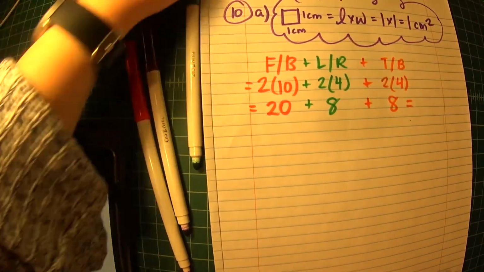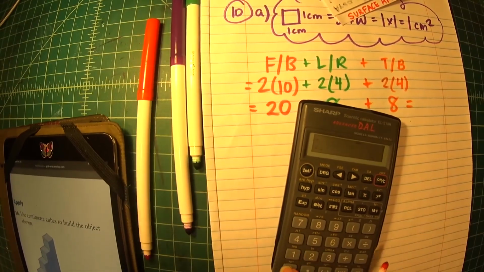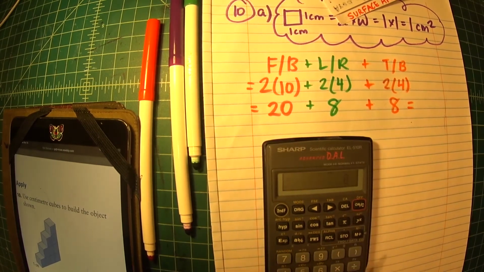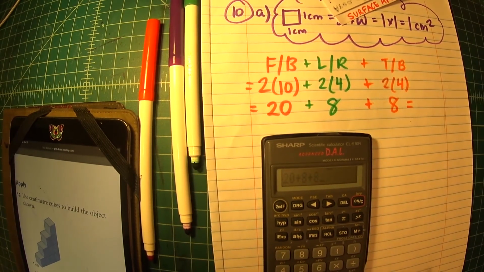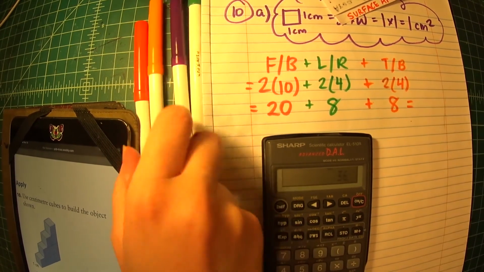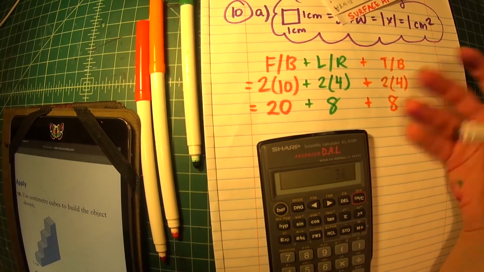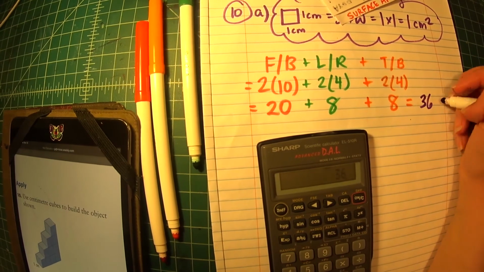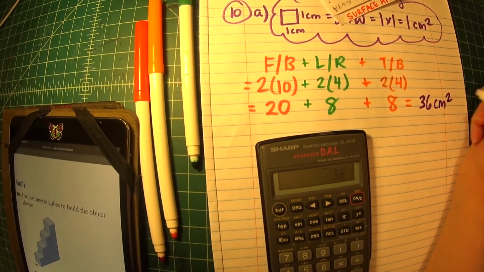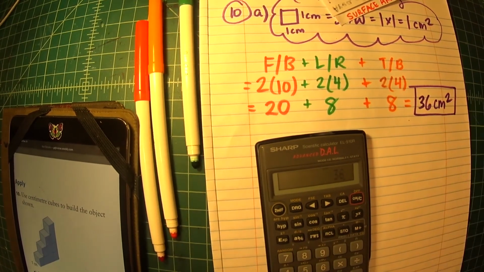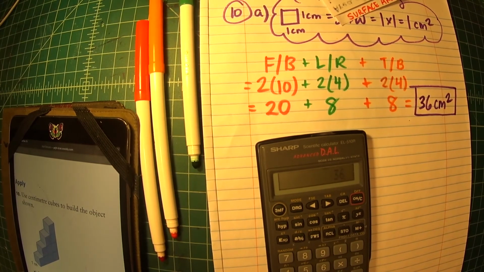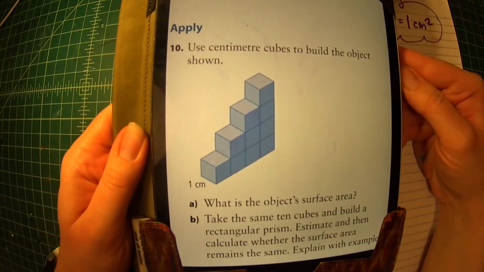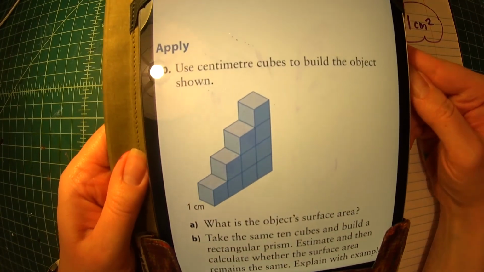Add it all up. 20 plus 8 plus 8, 36. I don't know why I'm putting it in the calculator. I already know what it is. But if you need to use your calculator for any of this, guys, of course, you go ahead and do that. So there is the area of my little 3D staircase there.